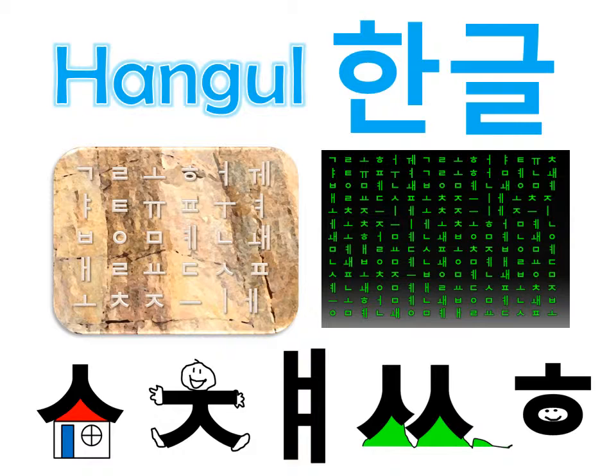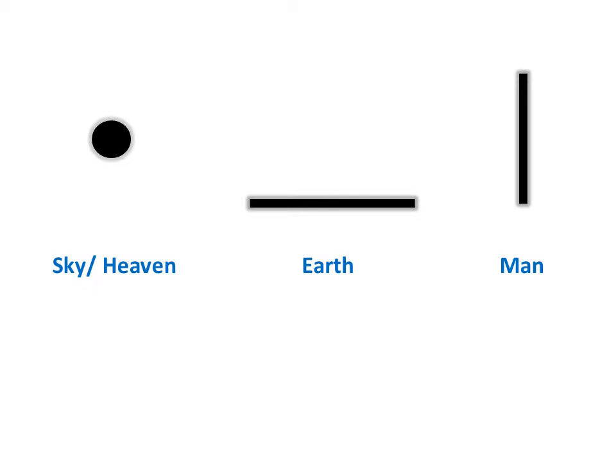Well, let me tell you what. Actually, Korean consonants, for example, are based on the shape of our tongue and the throat when we make a particular sound. They are pictures of those shapes, so that's why they look like pictures. And as for vowels, they are based on three elements: dot, horizontal line, and vertical line.